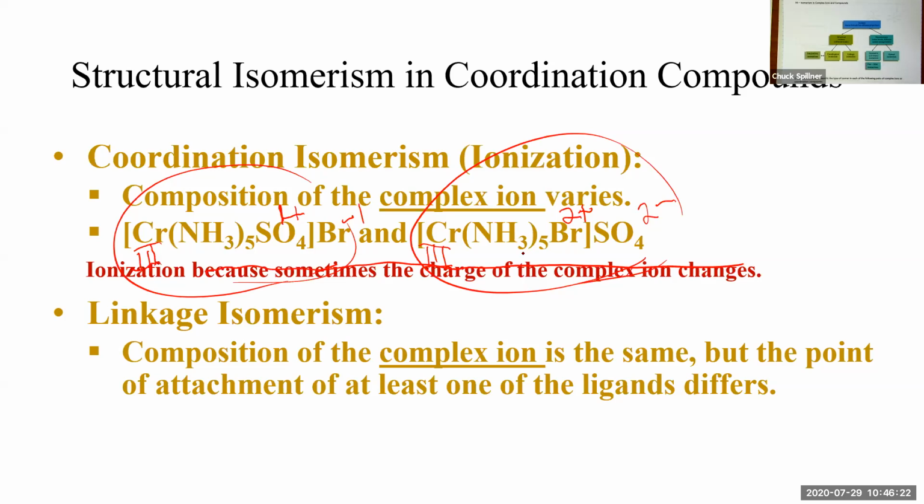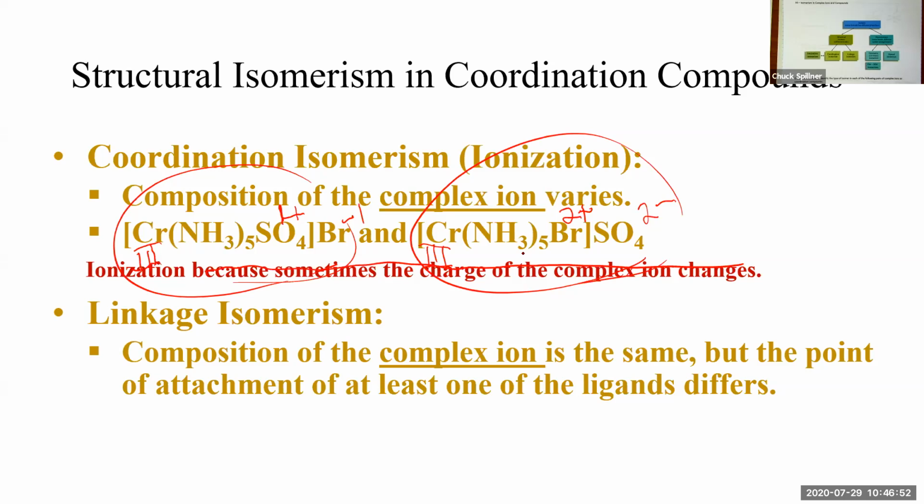We'll see. But anyway, the other kind of isomerization is linkage isomerism. In linkage isomerism, the ligands within the coordination sphere are the same, but the attachment of the ligands differs. Some of the bidentate ligands have two atoms that can connect. In that one case, if you remember, there was glycine.